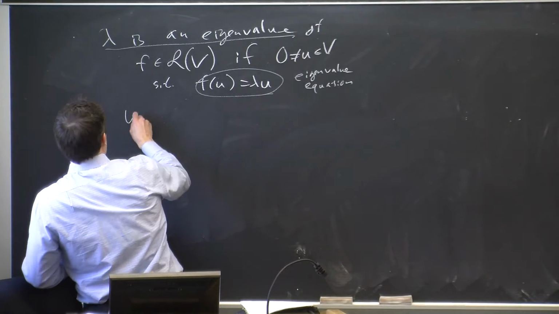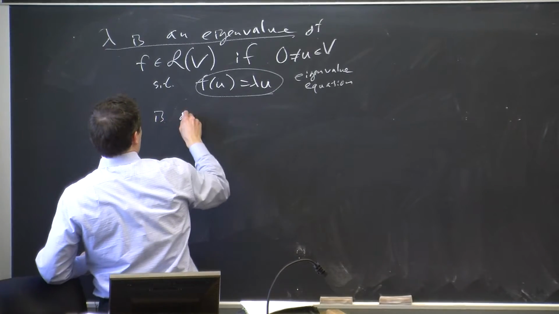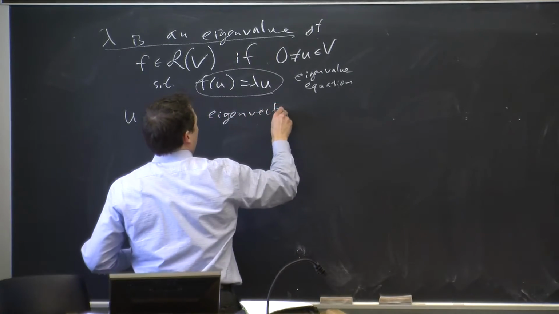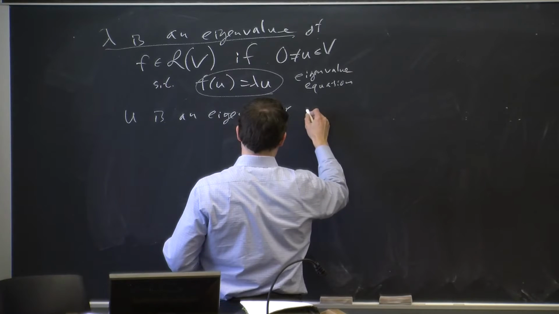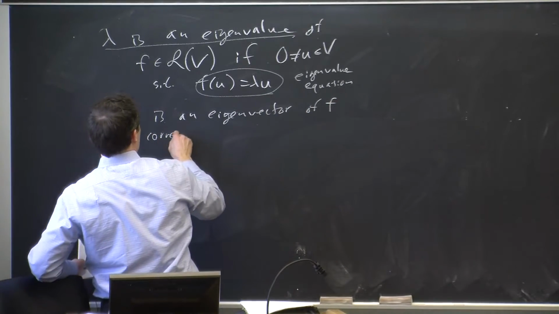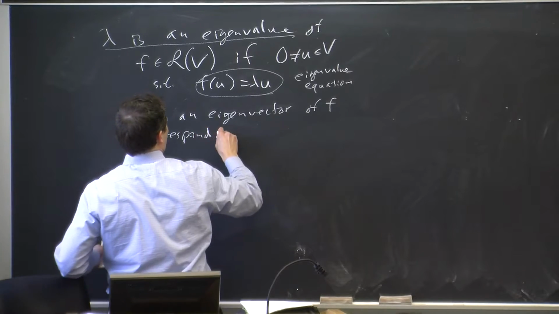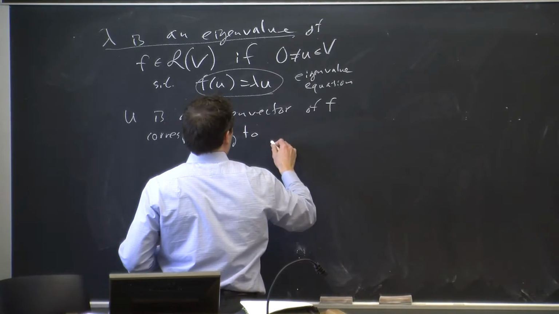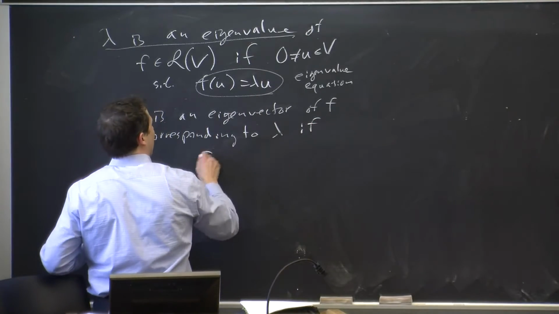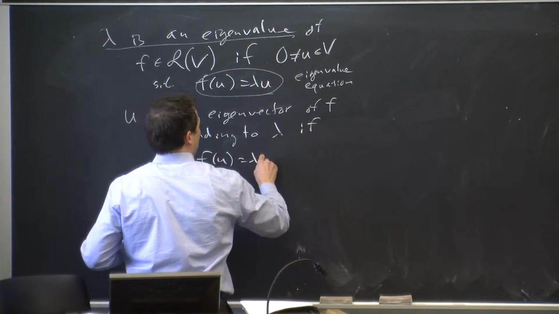And u is an eigenvector of f corresponding to lambda if it satisfies the eigenvalue equation, f of u equals lambda u.